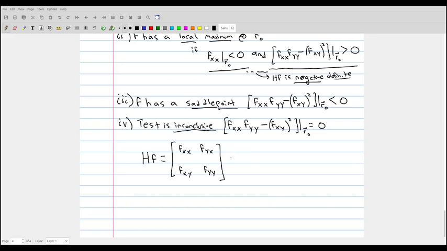And you'll recall that for the function we're talking about, the second partial derivatives are all continuous, which means that from the mixed derivative theorem, fxy is equal to fyx. This is the same thing as fxx, fxy, fxy, and then fyy.